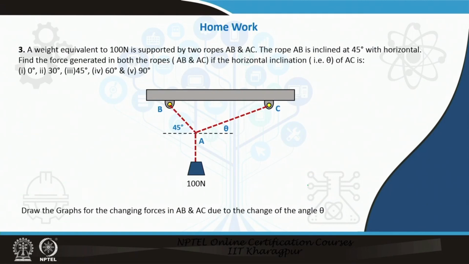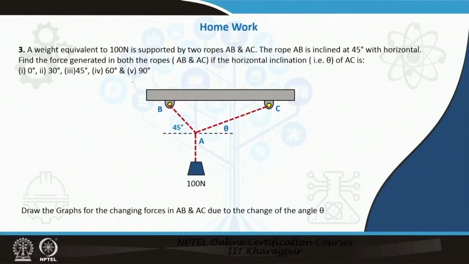And the last one is that there is again a mass, a 100 Newton mass hanging by 2 ropes, AC and AB. The AB rope is inclined at 45 degrees, but the AC rope has these inclinations: suppose 0 degree, 30, 45, 60 or 90 degrees. What will be the change in the tension in AB and AC because of the change of orientation of AC only? AB I am not going to change; AB will always be 45 degrees.